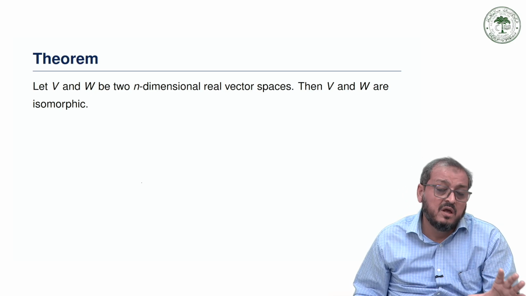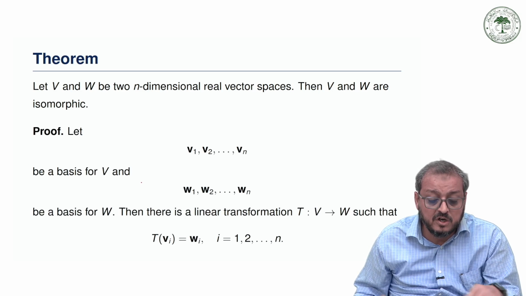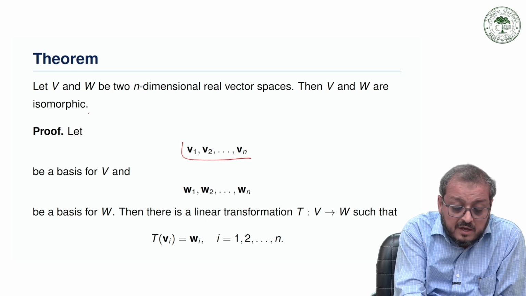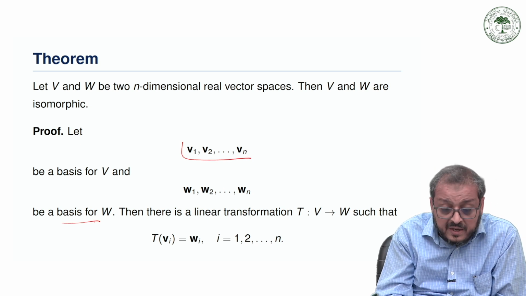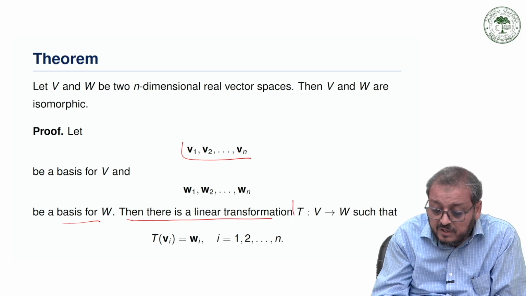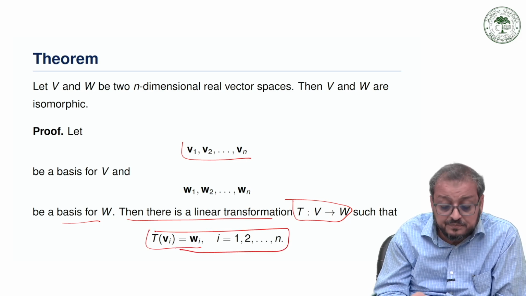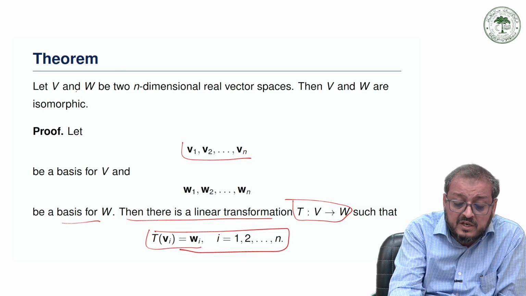We assume the proof by the basis elements. Let B equal V1, V2, ..., Vn be a basis for V, and W1, W2, ..., Wn be a basis for W. Then there is a linear transformation T from V to W such that T(Vi) is equal to Wi.